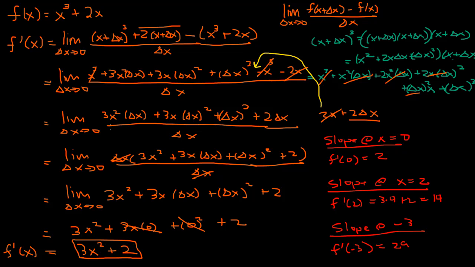Okay, so we use the limit definition, a whole bunch of algebra, we got the derivative function, and now with that derivative function, we can find the slope at any x value we please. We picked a few different points here. And this is going to be kind of like what we're going for the next little while. We want to find the slope function, the derivative function.